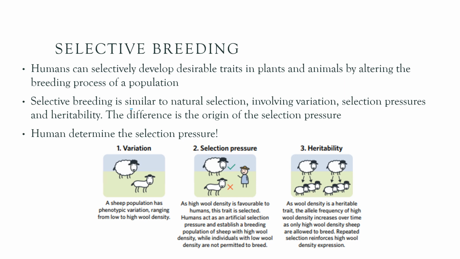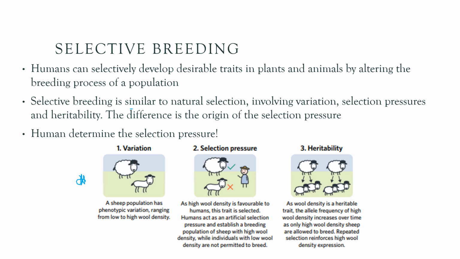So for instance, in this example here with the sheep, we've got variation in the sheep population. So naturally we have lots of different alleles. So there's one for really fluffy sheep and then not so fluffy sheep. Then a farmer comes along and he decides that that high density wool, that fluffy sheep, is really favorable because we can get more wool every time we shear them and we can make more money.